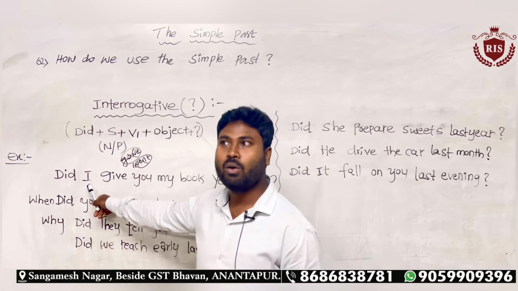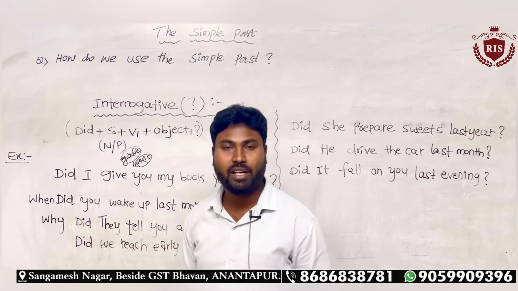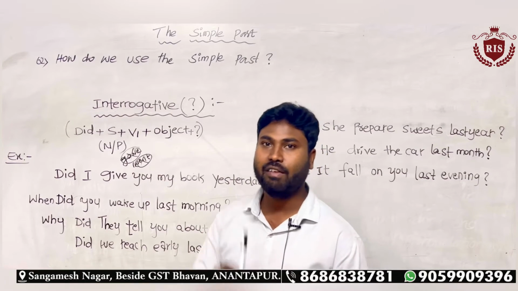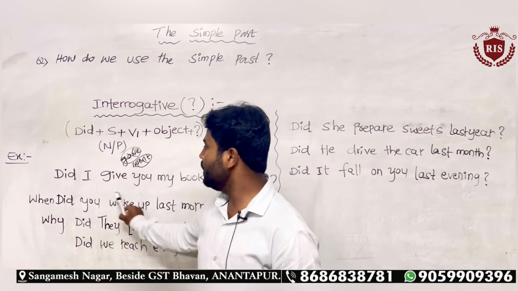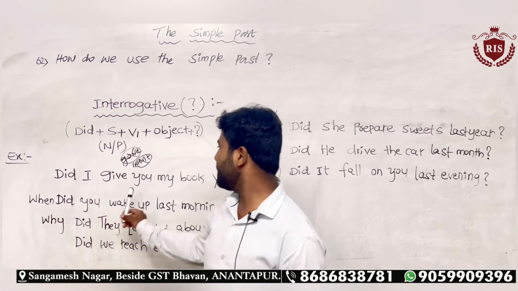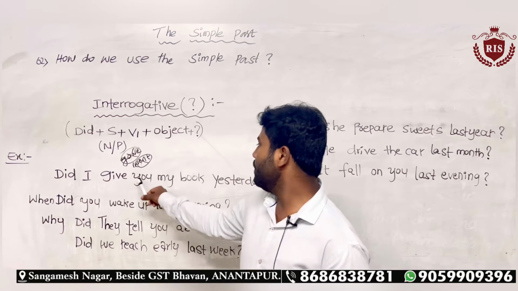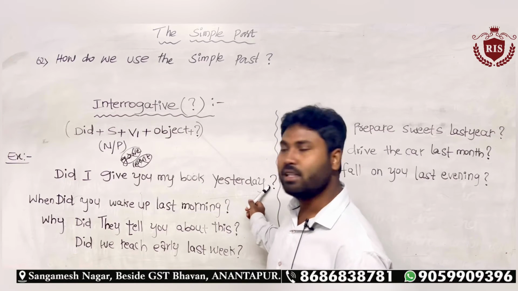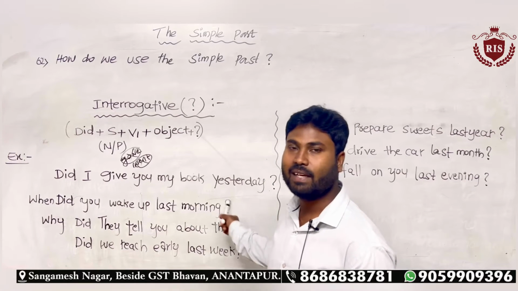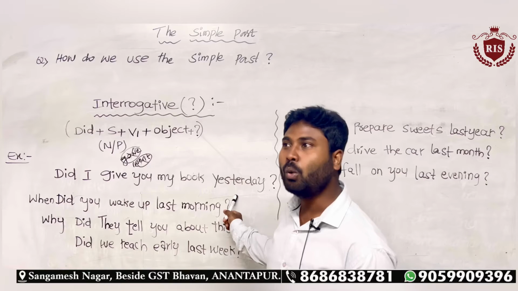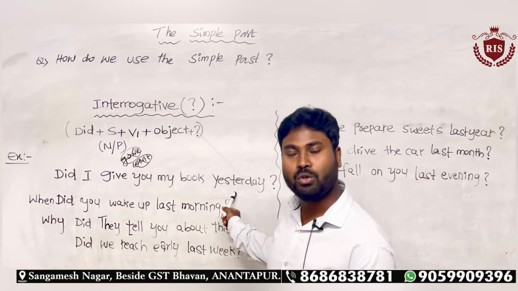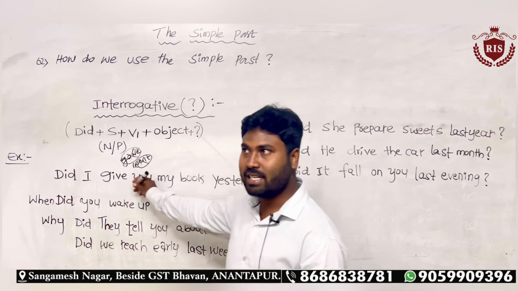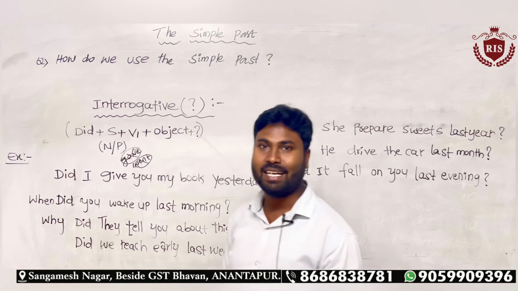After the subject there should be only the infinitive form of the verb, in the sense v1. So we have used v1, then you, my book yesterday, again the object, and it ends with the question mark. Again the keyword here helps you to identify which tense the sentence is in.